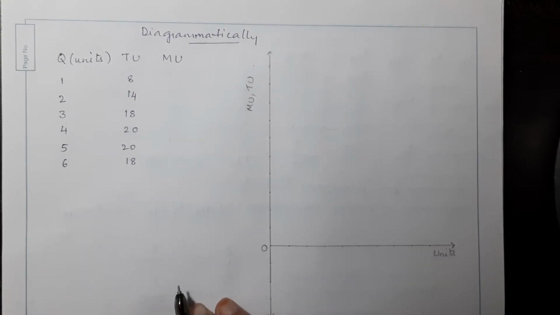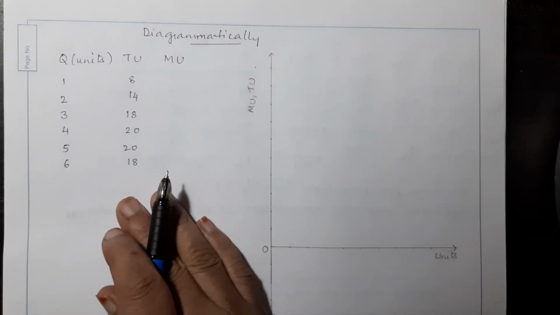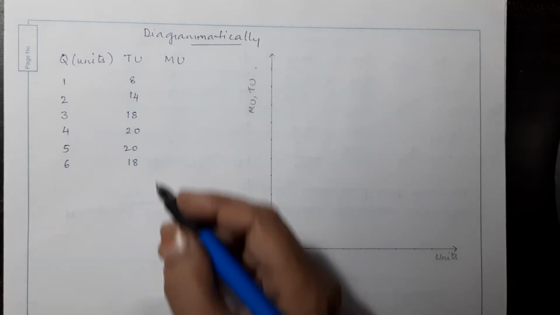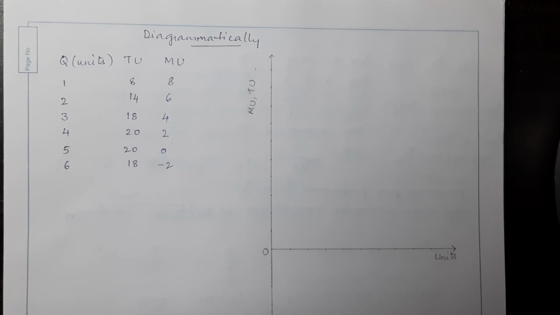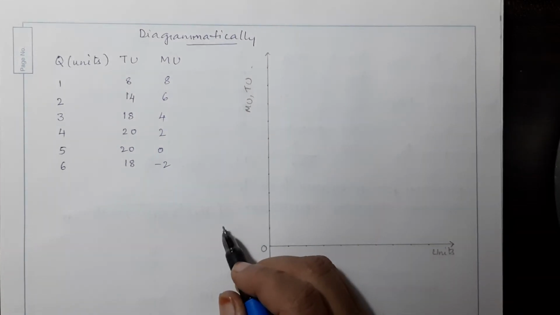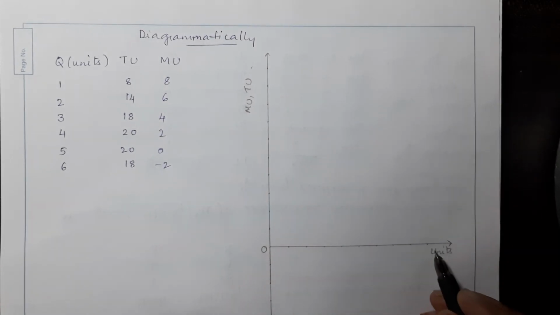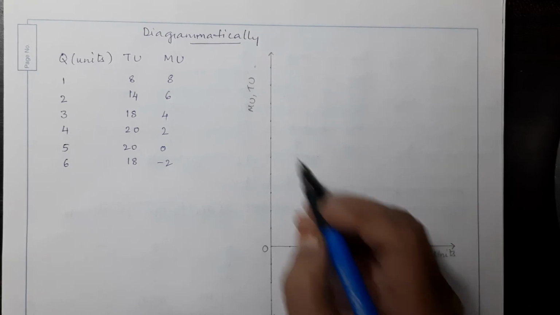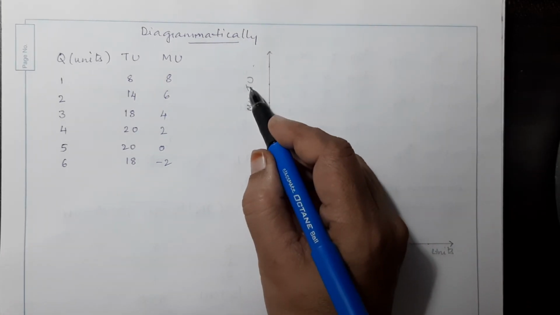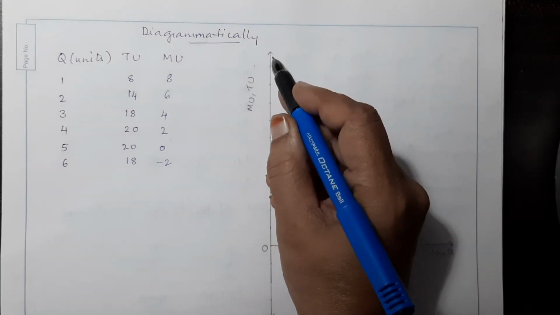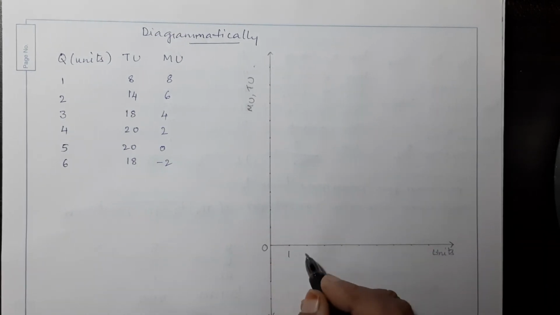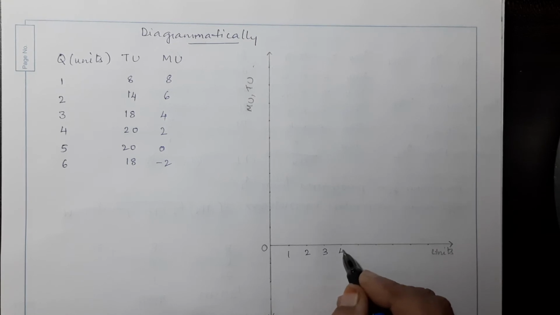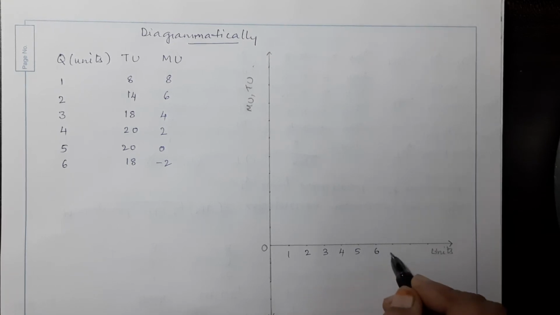Now diagrammatically, we are taking the same example. So let's write down these MUs since we have already calculated them. Now we will plot units on the x-axis and marginal utility and total utility on the y-axis. This is our 0. So how many units are we consuming? We are consuming 1, 2, 3, 4, 5 and 6 units.